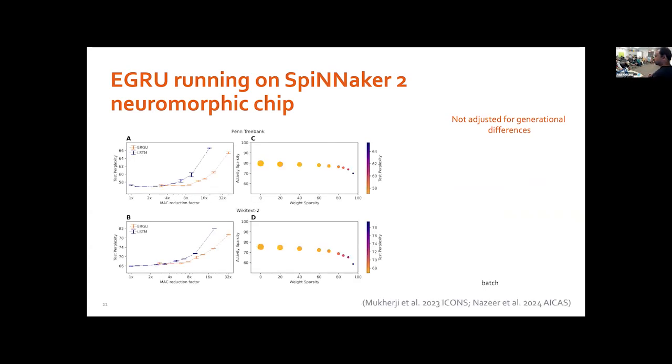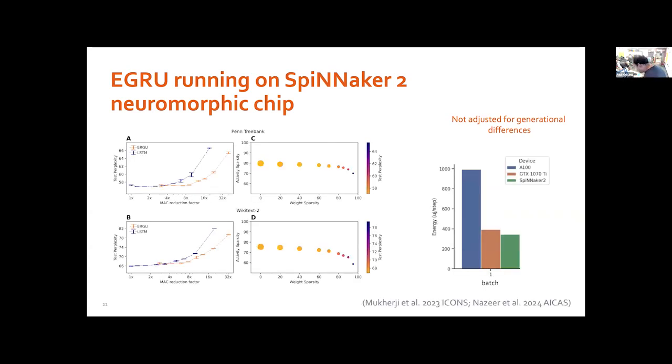And we did implement this on SpiNNaker 2. With SpiNNaker 2, we also had to prune the network and have parameter sparsity. We did a measurement with single batch inference, and you can see that even with all of the generational differences and limitations of SpiNNaker 2, it's still slightly more energy efficient than the GTX 1070 Titan, and much more than the A100 for single batch inference.